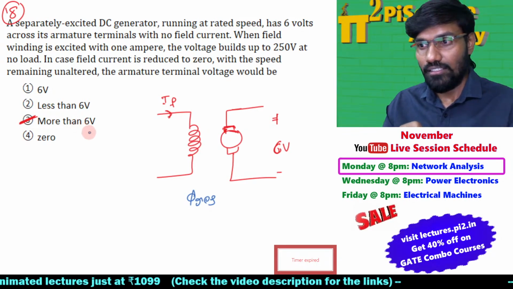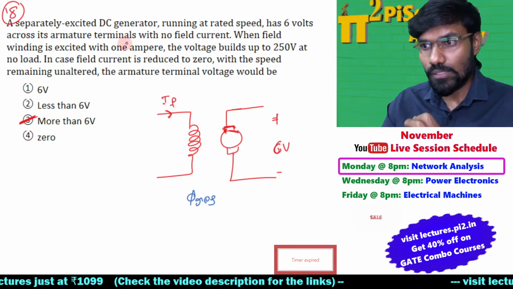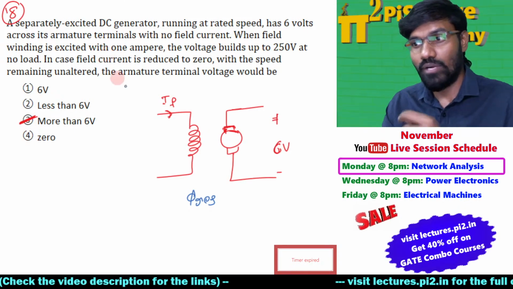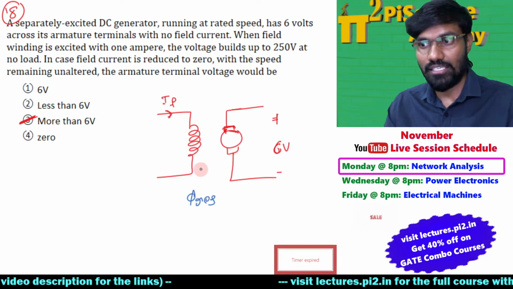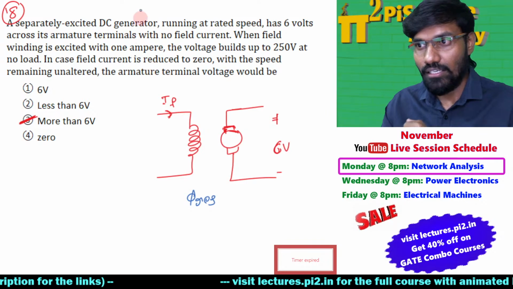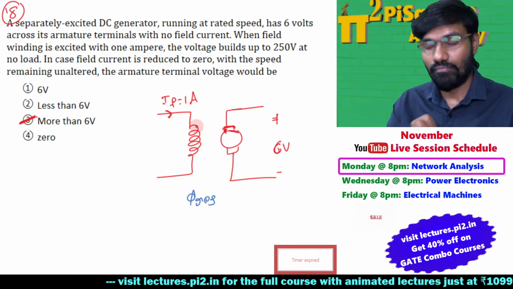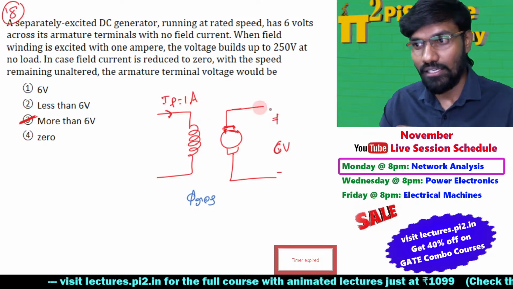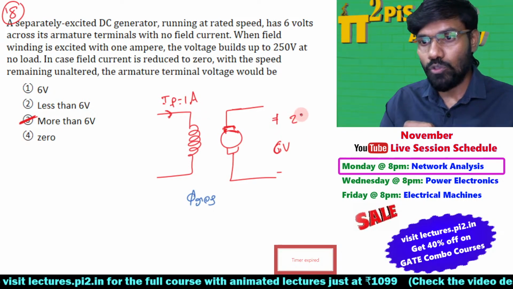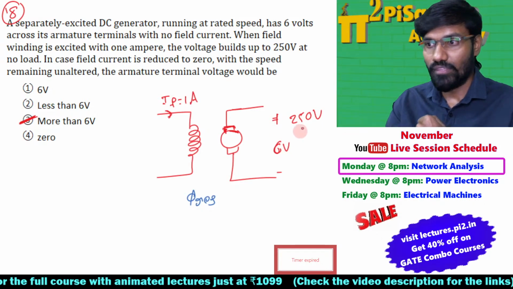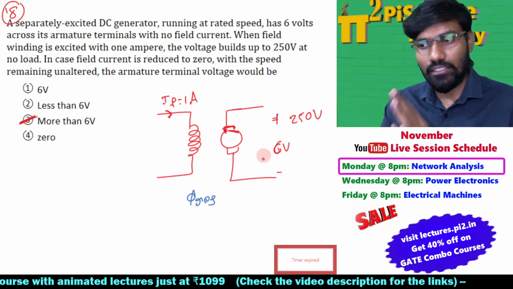So this is the first case. In the second case, the field winding is excited with 1 ampere. Then voltage has built up to 250 volts, at no load, no load connected.